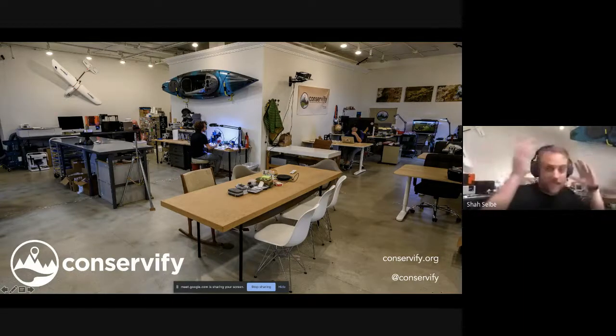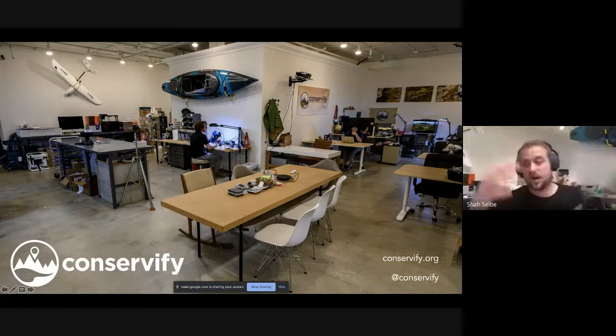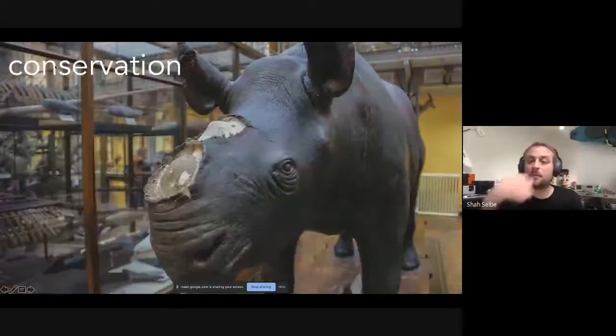I'm actually in it, so you can see the kayak and the drone behind me. It's obviously empty right now because it's a Saturday, but also because we're living in this pandemic where everybody's been working remotely. But typically it's full of Conservify employees or partners that are actually working on projects using things like our 3D printers and laser cutters to do some phenomenal work.